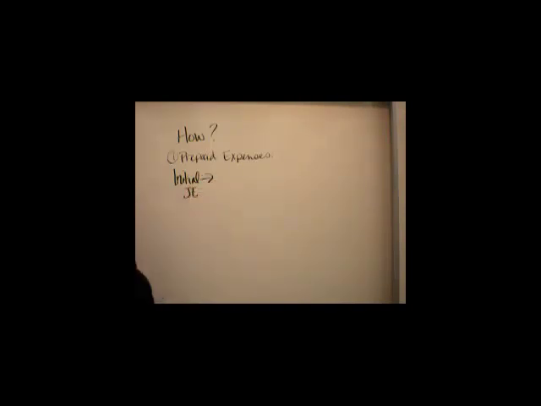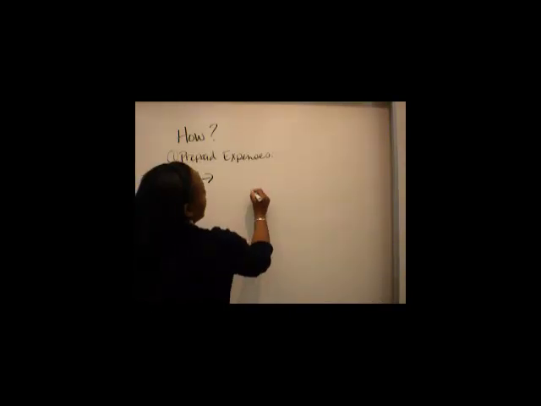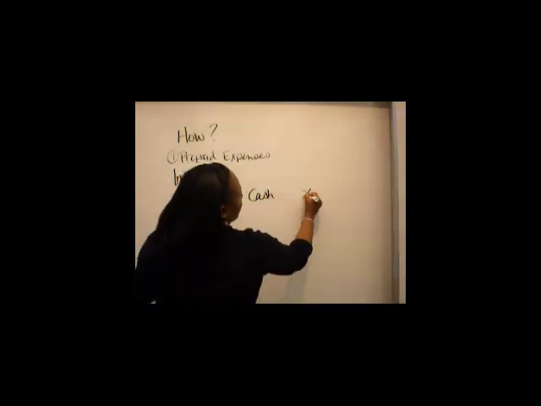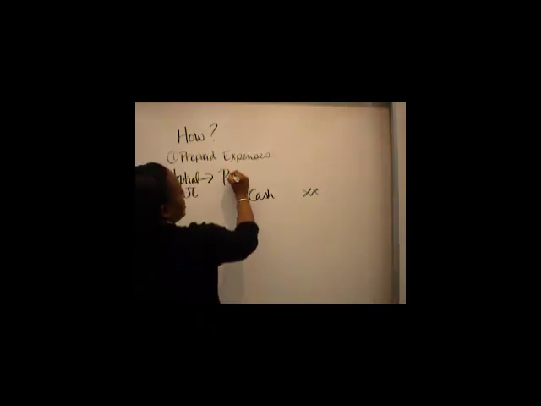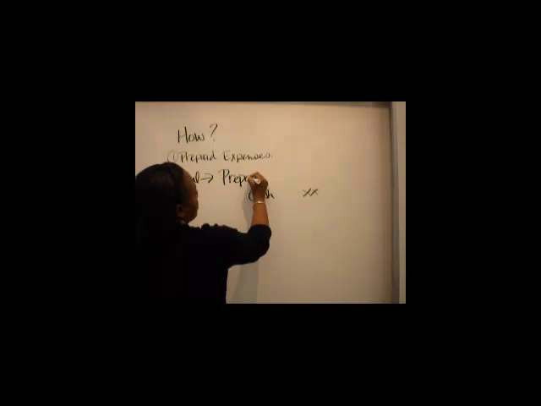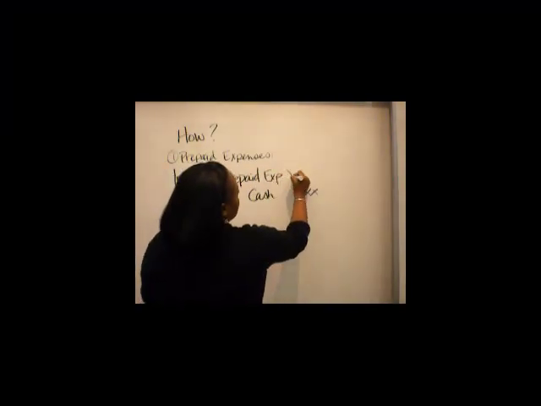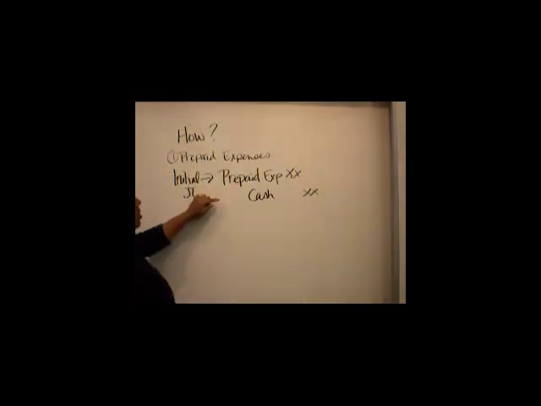So your initial journal entry will require you to pay cash up front, and then you will recognize the asset account. So it'll be some prepaid expense. So you'll debit prepaid expense, you'll credit cash for the amount of expenses you plan to use in the future.